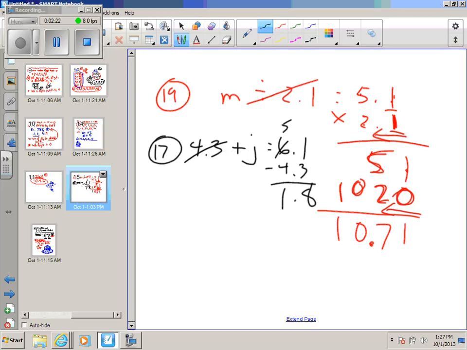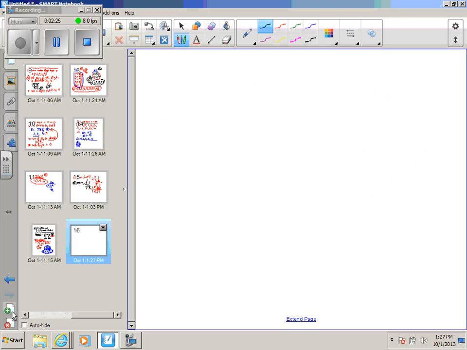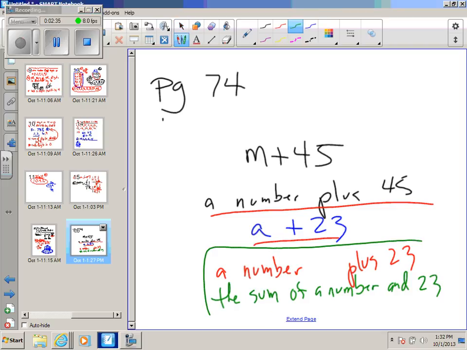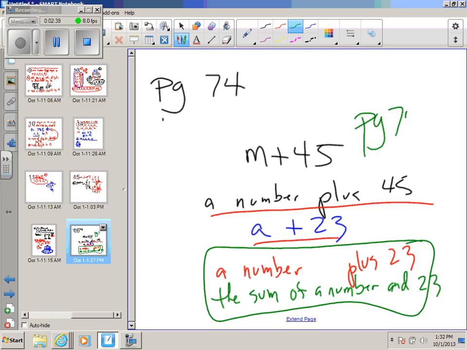Okay, so those are the examples for the addition. Those are 2 options that you can use based on page 74 in your book. Okay? And you can use that.